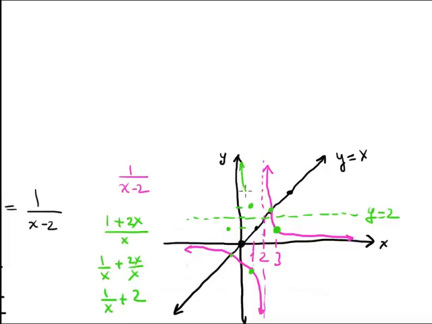So approximately it looks like that. Okay, so one branch of the inverse, and also the other branch approximately looks like that. Remember it's a reciprocal plus 2.